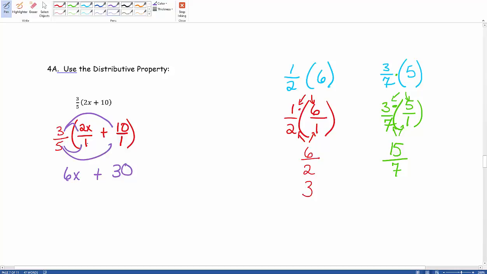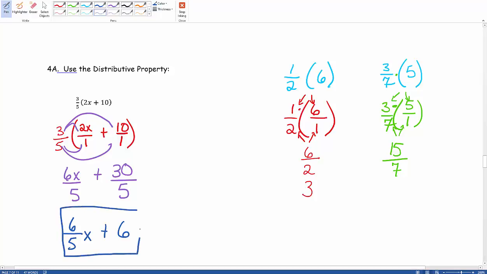So our 5 times our 1 gives us 5, and our 5 times our 1 also gives us 5. Simplifying things down, we can leave the 6x over 5 alone. It's fine. However, our 30 over 5 we can break down into just 6, since 30 divided by 5 comes out to be 6. So this would be our distributed version.